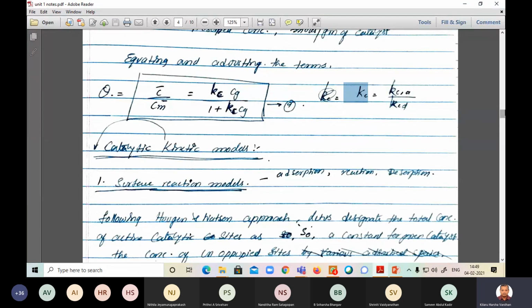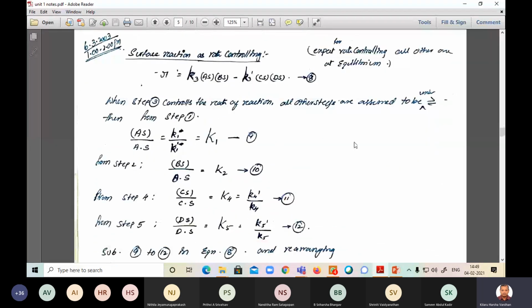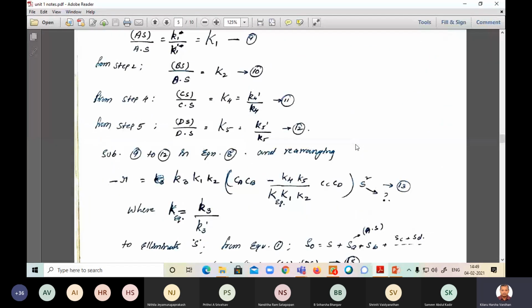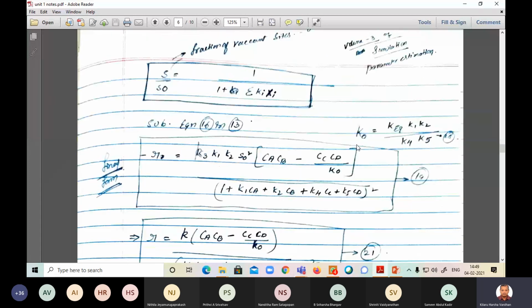Some 10 pages are there, which will give you in-depth how to write the derivation. In the PPTs, the derivation is not properly given, because I am just cut-pasting from the book, whereas these notes will give you the step-by-step derivation of the entire derivations.